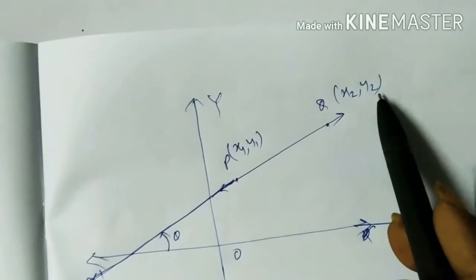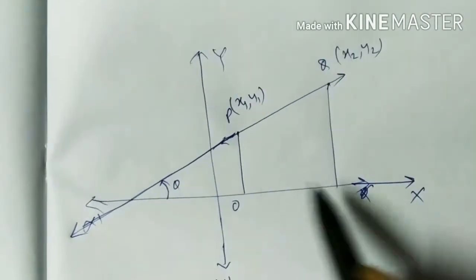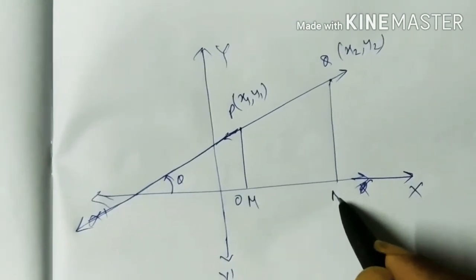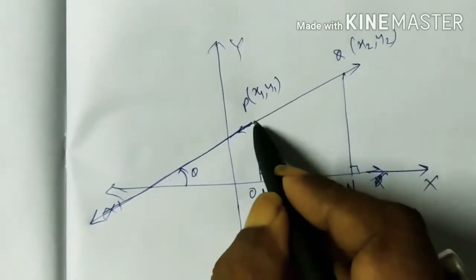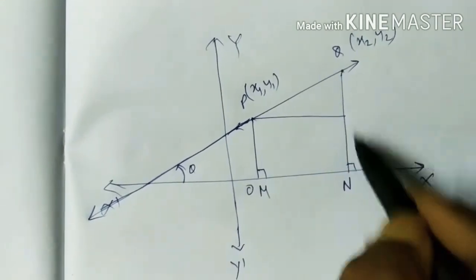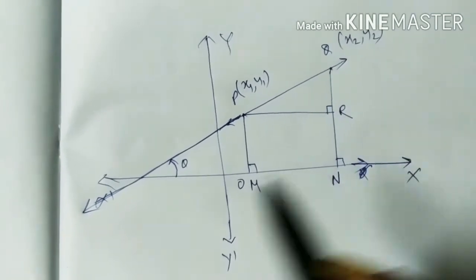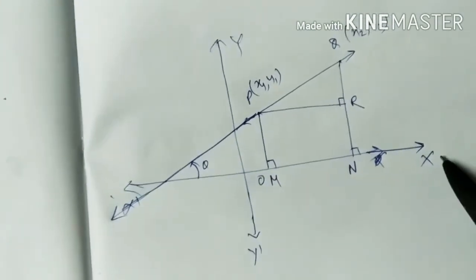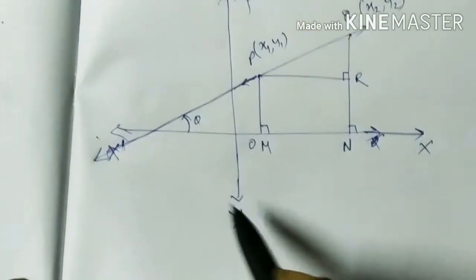Now here I am drawing two perpendiculars on x-axis, that is PM and QN, and another perpendicular PR on QN.